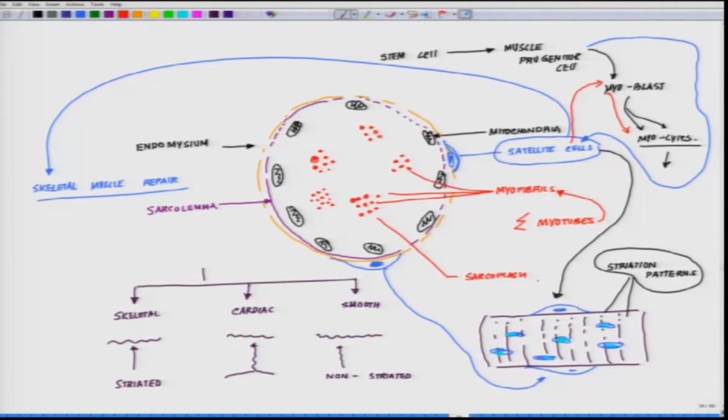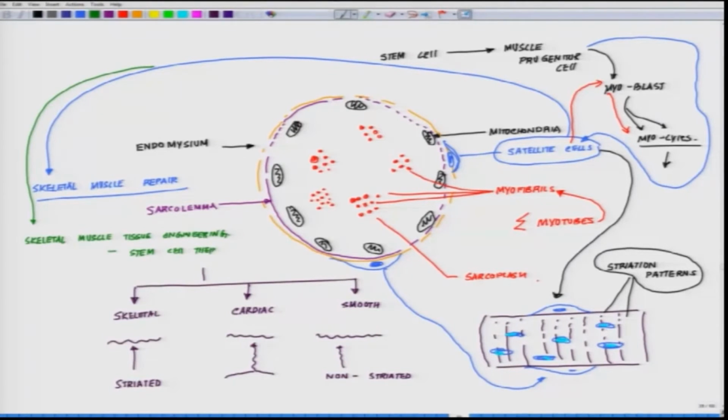Plus, there is another attractive, alluring area of this, that is in skeletal muscle tissue engineering, or especially in stem cell therapy.